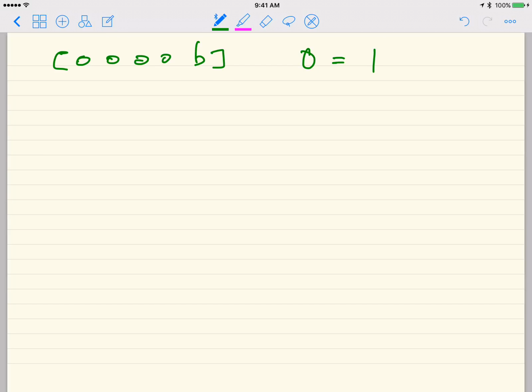So the question is, does this equation always have no solution, or does it sometimes have a solution, depending on the b vector?